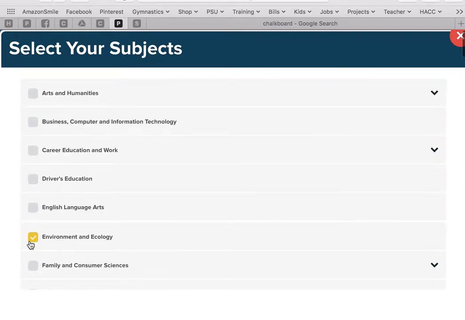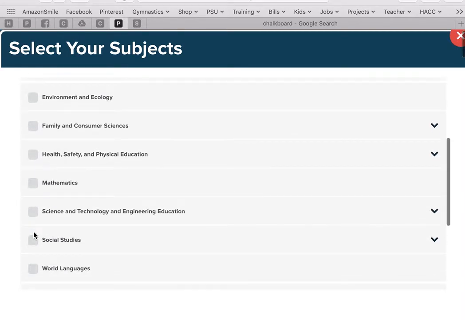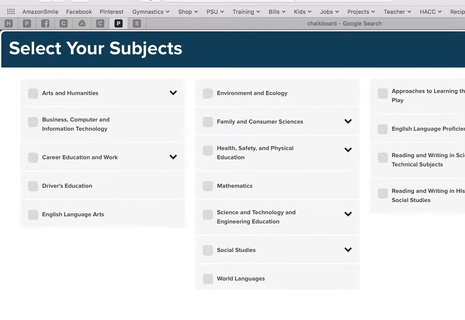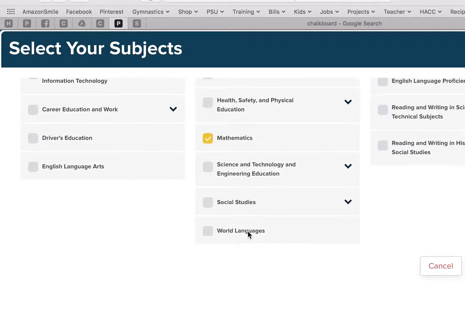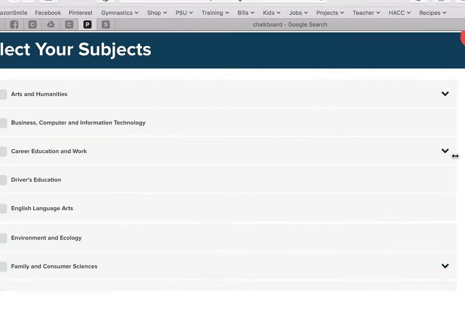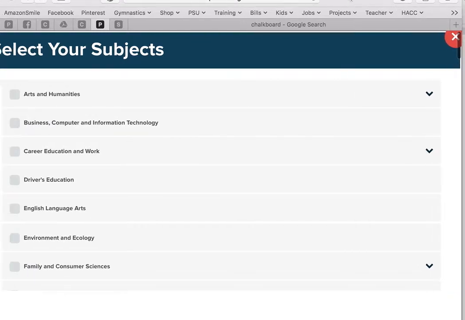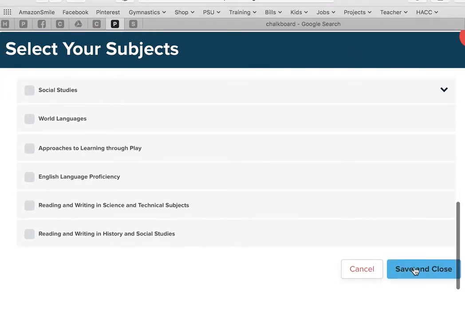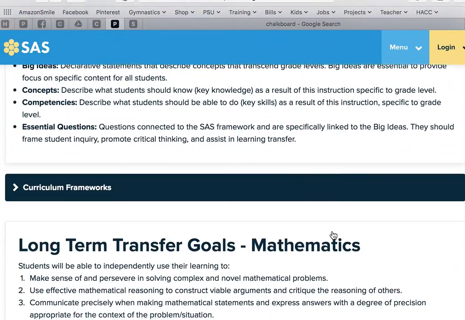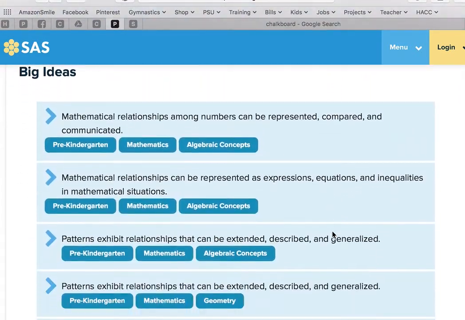Sorry, I'm working on a pretty small screen so I can video for you, and it's glitching on me. Give me 1 second. I'm going to stretch my screen out here. There we go. And now when you scroll down, you'll see the framework for pre-K math.